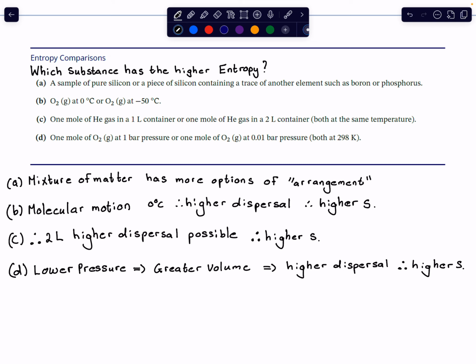A gas is able to move more freely than a liquid, which is able to move more freely than a solid. These things will have higher entropy than things that are able to disperse energy and matter less. So that's what we're always looking for when we're doing entropy comparisons.